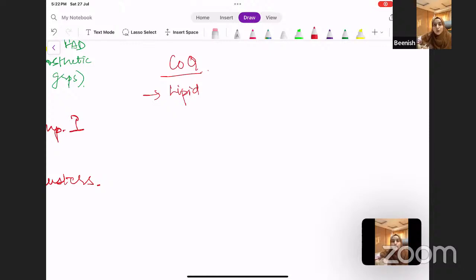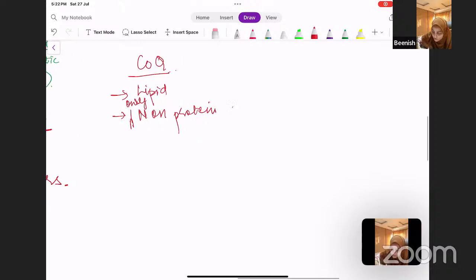It is the only non-protein component of the electron transport chain. Always remember, it is the only non-protein component of the electron transport chain.